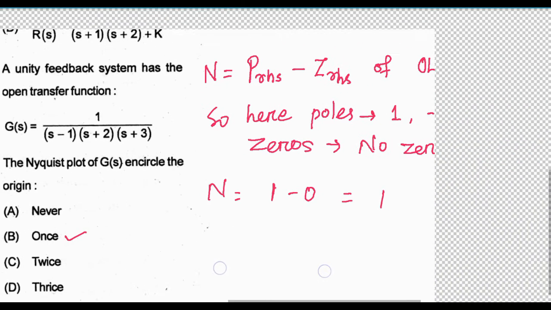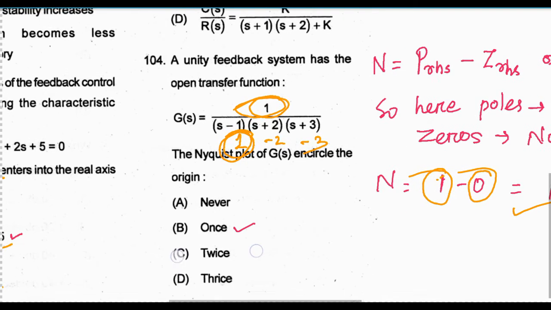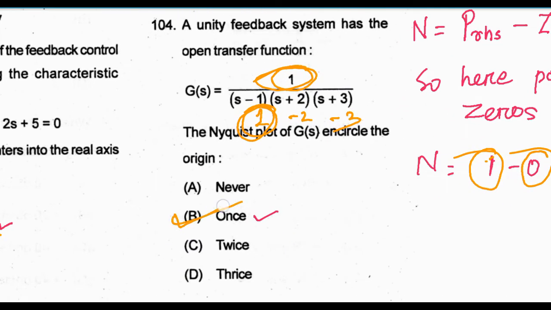Here the poles are 1, minus 2 and minus 3. Only one pole is in the right half, so the number of poles in the right half is 1. There are no zeros, so the number of zeros in the right half is 0. So 1 minus 0 is 1. So there is 1 encirclement.